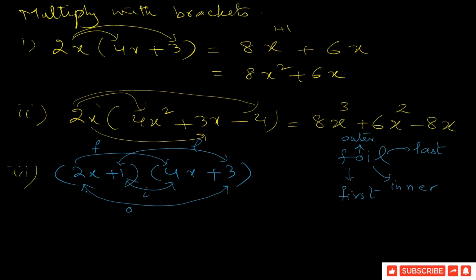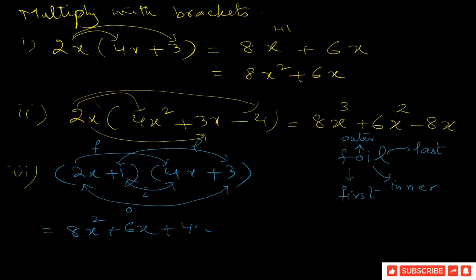Now multiply it: 2x with 4x. 2 times 4 will be 8x squared. Now we check with outer: 2x times 3 means plus 6x. Next is inner: 1 times 4x will be plus 4x.